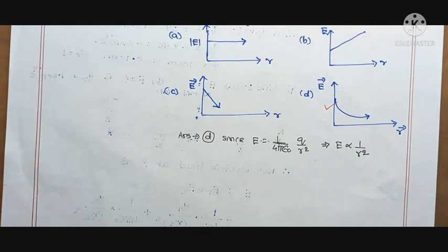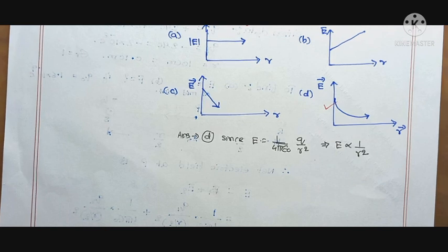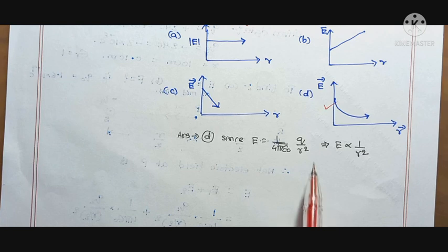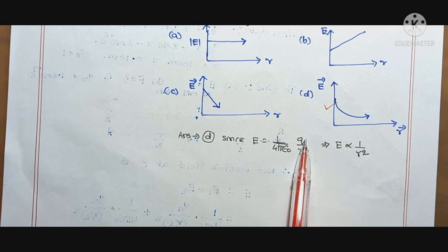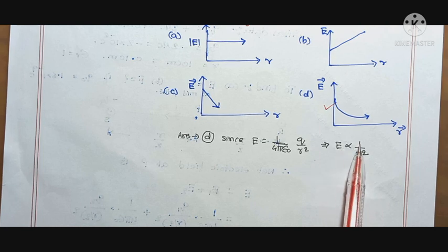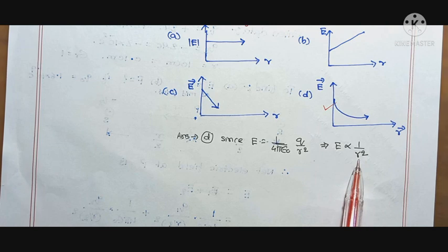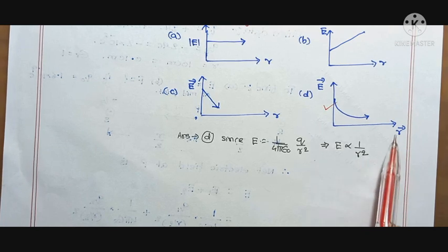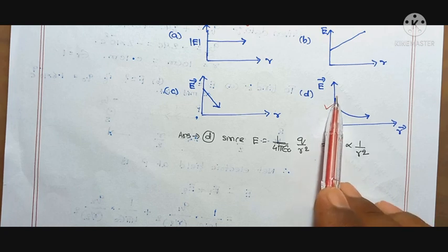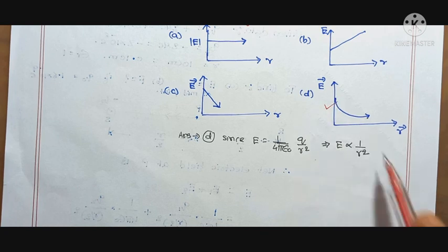Option D is correct because हम लोग को मालूम है इलेक्ट्रिक फील्ड इंटेंसिटी इक्वल टू 1/4πε0 Q/r²। सो इफ चार्ज Q इज फिक्स्ड देन E is proportional to 1/r². When this E is proportional to 1/r², then r² is taken along this axis and E along y axis, then we'll get the graph like this. So this is correct.